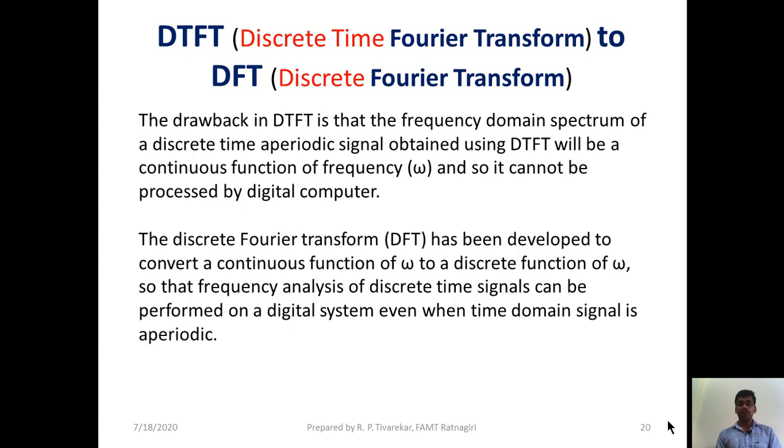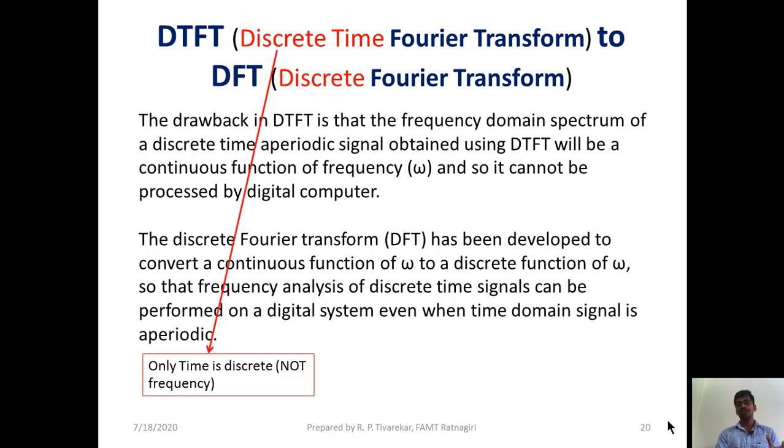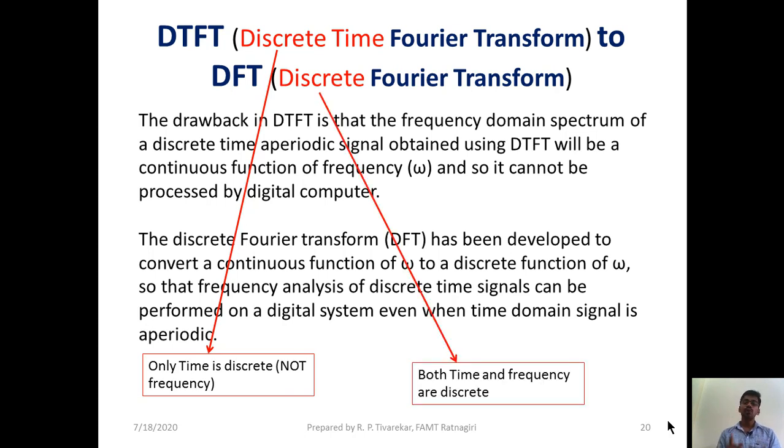The discrete Fourier transform has been developed to convert that continuous function of omega to a discrete function of omega, that is frequency. Here it is very important to note that only time is discrete in DTFT and not frequency, but in DFT both time and frequency are discrete in nature.